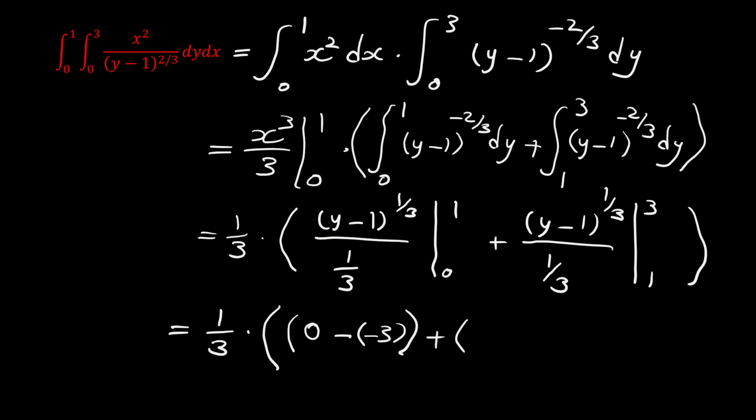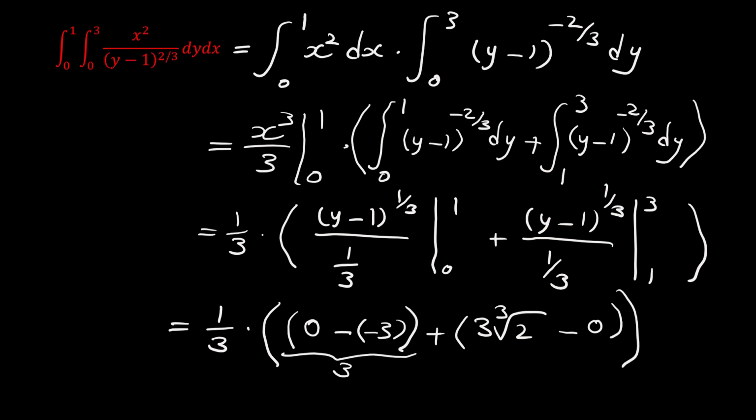If we plug in 3 here, 3 minus 1 is 2, 2 to the power of 1/3. So we have the cube root of 2 all over 1/3, which gives a 3 in the numerator, so we have 3 times the cube root of 2. Dividing by 1/3 is like multiplying by 3. And if we substitute 1 for y, this is 0, so minus 0.